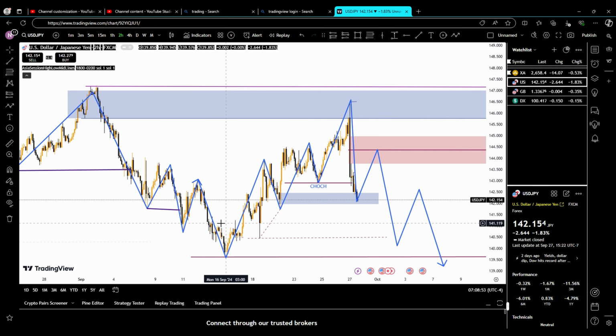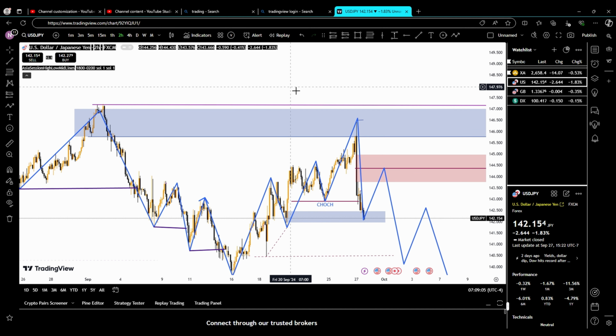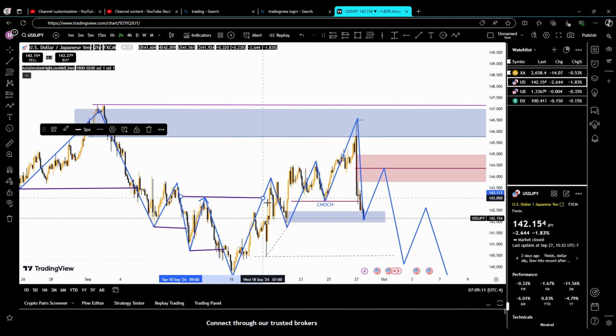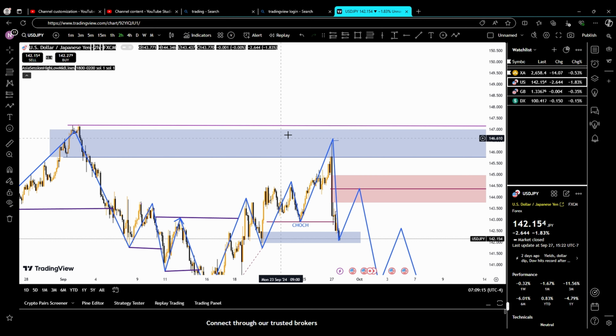Okay, so notice the market broke structure here, and at this point, when it reaches this price, it gave us a change of character. That means it gave us a higher high, indicating a break of structure. That means market has broken structure here. So now we expect an uptrend.